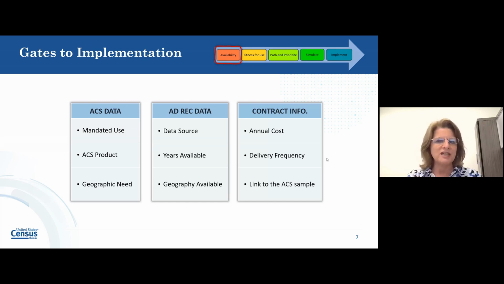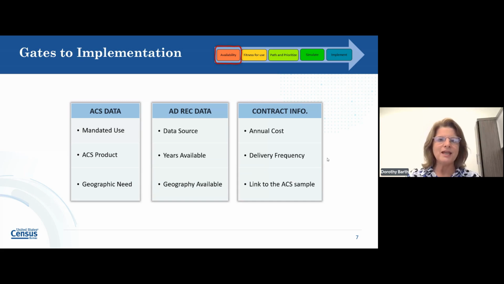We look at what are the data sources, the years available, the geography, and things of this sort. But we also have to keep in mind there has to be a contract for this. What's the cost? Can they deliver it when we need it? Can it be linked to the ACS sample? So for housing data, that would be address, and for person level data, that would be a personal identifier.